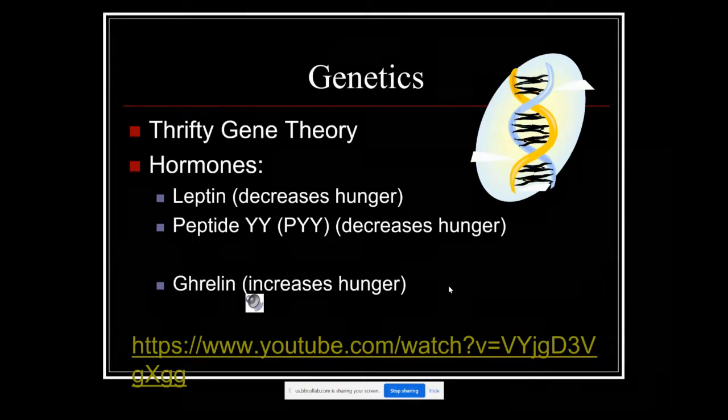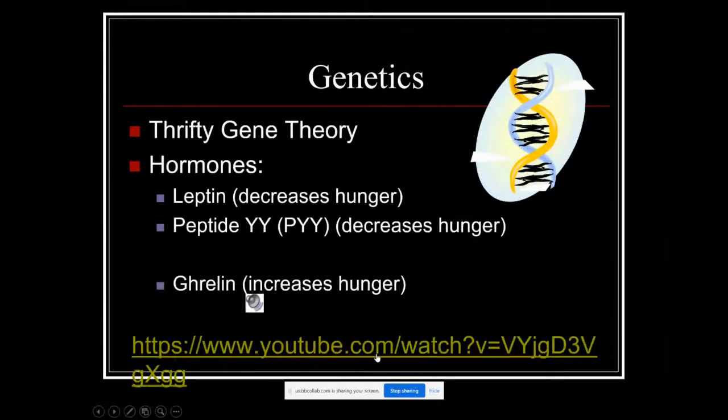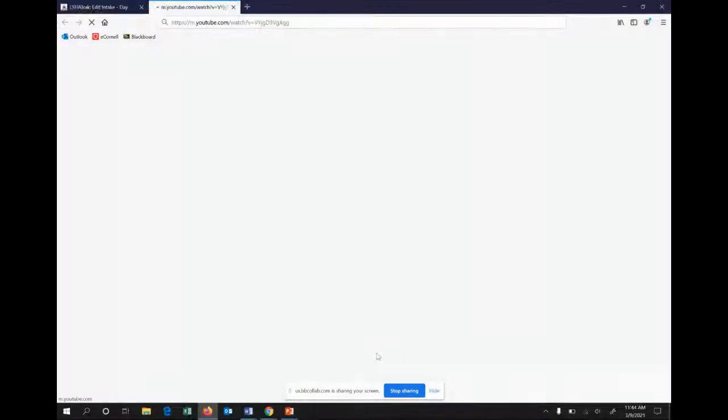Like, think for yourself. You've got your genes from your parents, so some of their traits are being passed off to you, and some of that is weight control. If you get yourself in a situation where your weight is under control, then your offspring as well will have a better chance at having an easier time with the weight control. So let's watch a quick video on genetics. It's not very long.